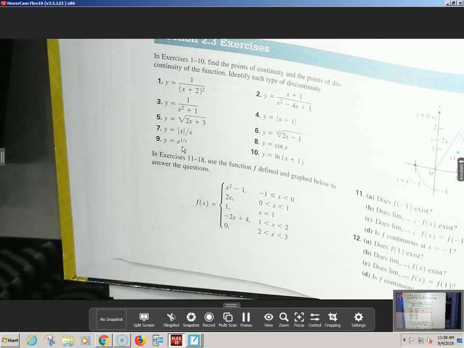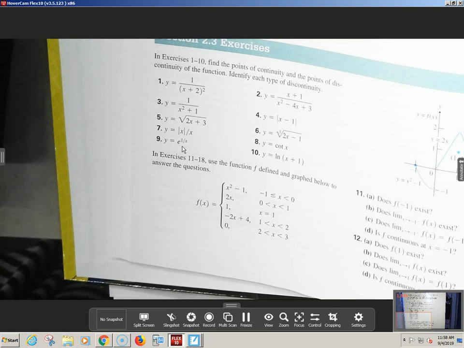But 1 over 0 is infinite, right, guys? That would be a non-removable discontinuity because I can't fill the hole. It'd be infinite because the limit would be infinity as I approach x equals 0. There must be a vertical asymptote there. Does that kind of make sense here?